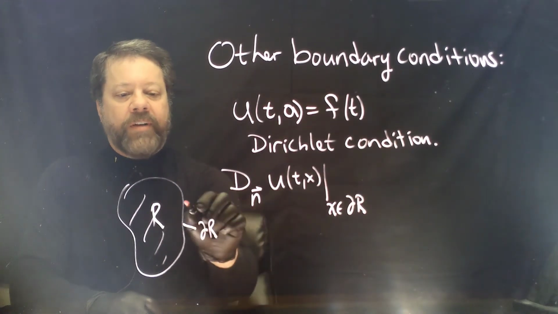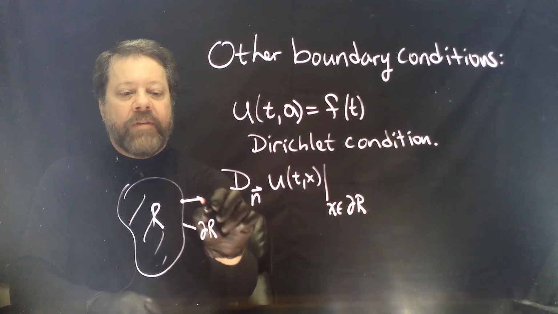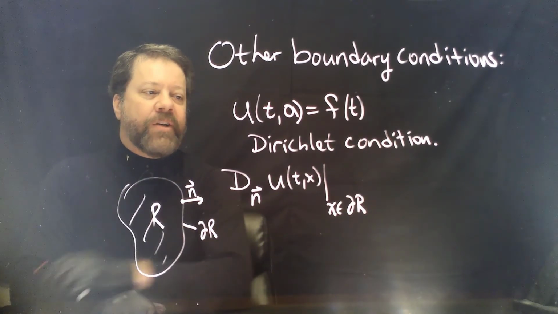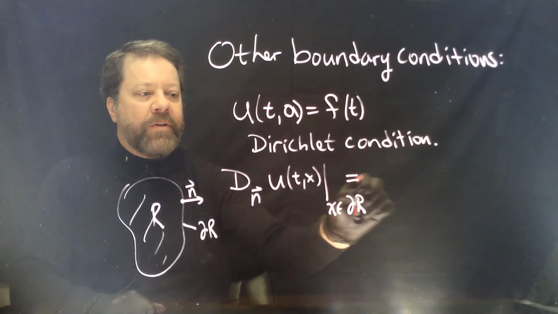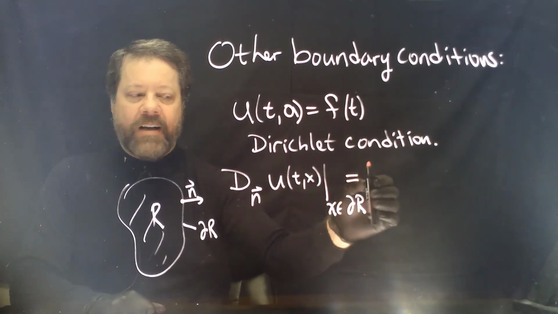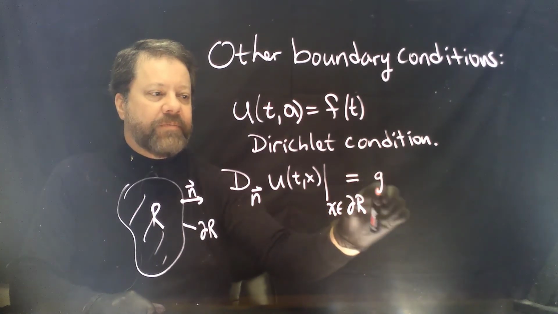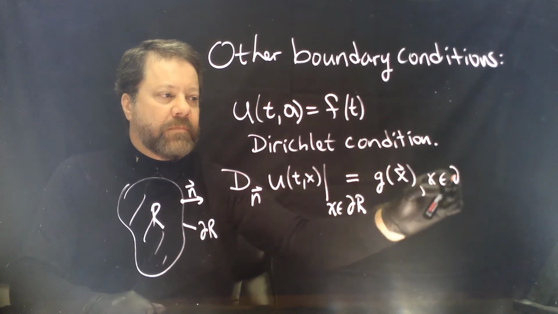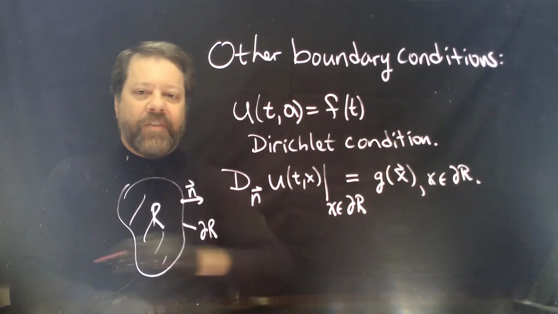The normal derivative specifies the derivative given some unit exterior normal to the region. You can define that to take on some functional value on the boundary of the region.